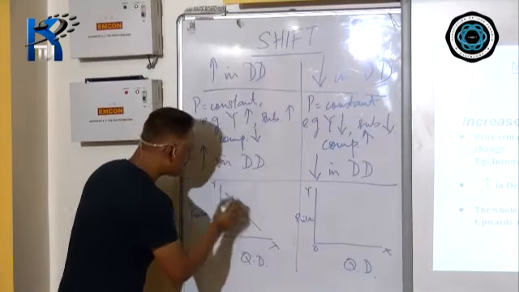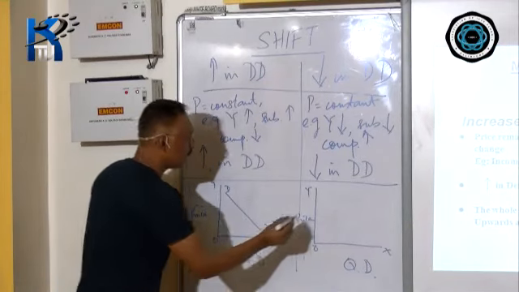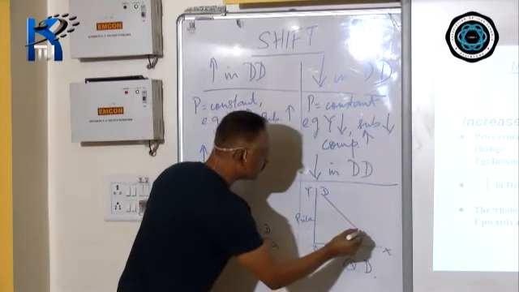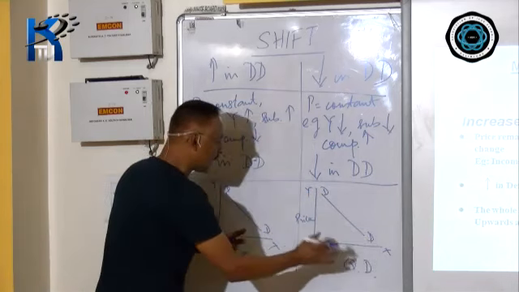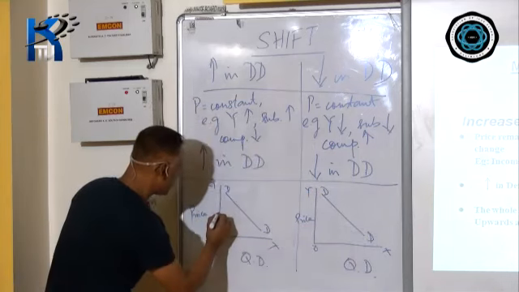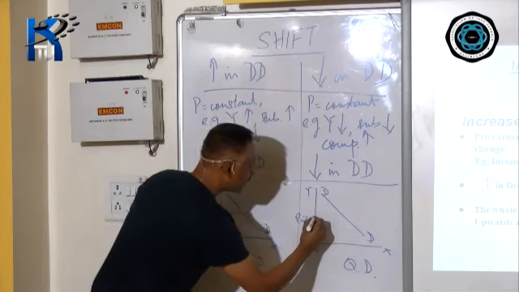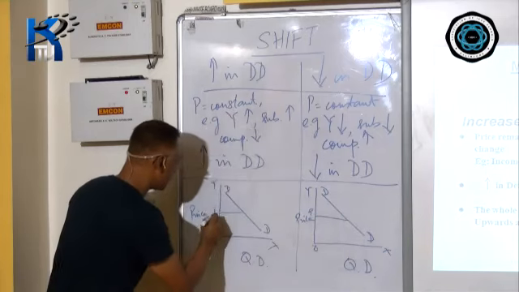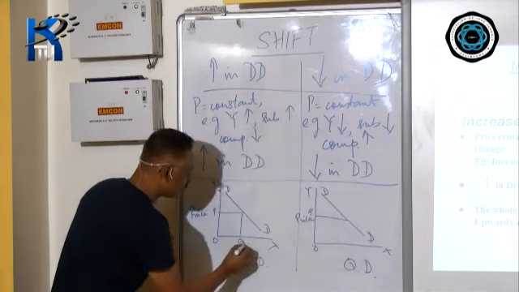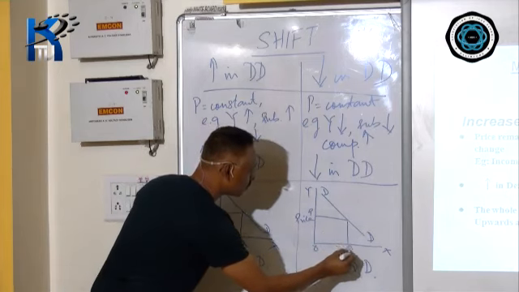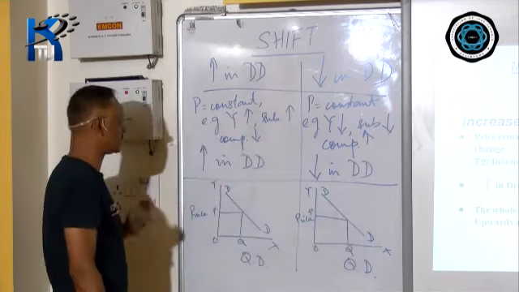This is your demand curve DD, and also here this is your demand curve DD. All the time till now it is the same. Price, quantity Q.